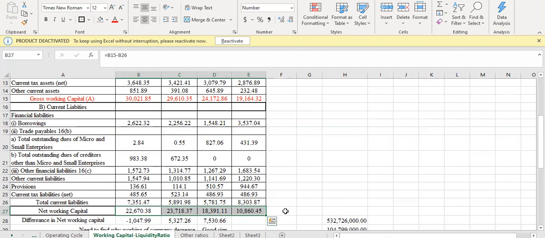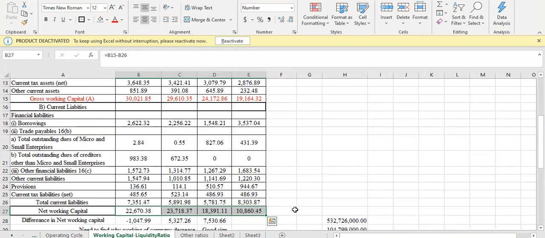It means the company is having sufficient current assets to cover current liabilities. This is nothing but the interpretation you have to write at the end of this particular working capital statement. Secondly, you have to see whether the working capital is increasing year on year or decreasing year on year, the trend analysis.